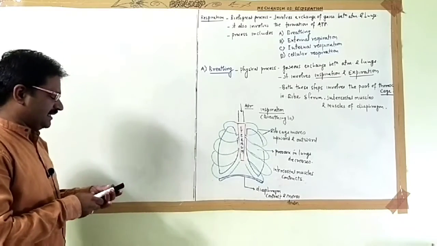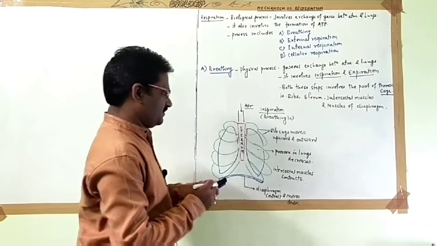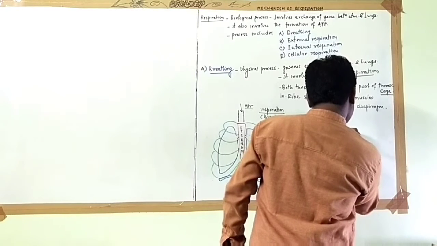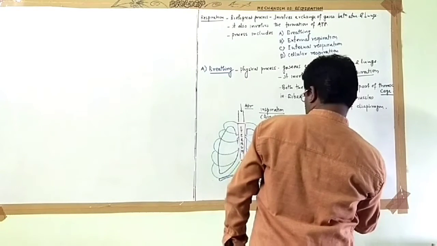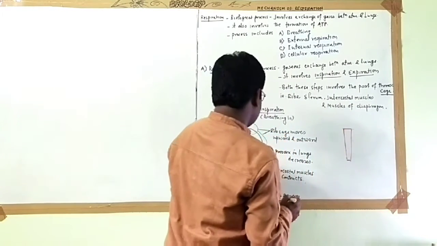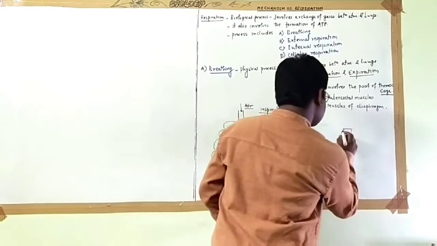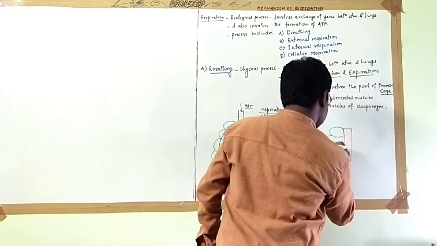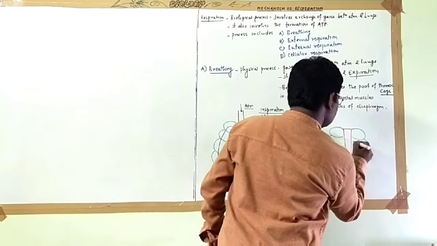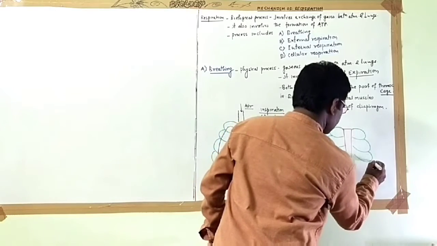Then the second condition, we can say, is expiration. Now see, this is the sternum bone. Then the thoracic cage, meaning the ribs, is there.